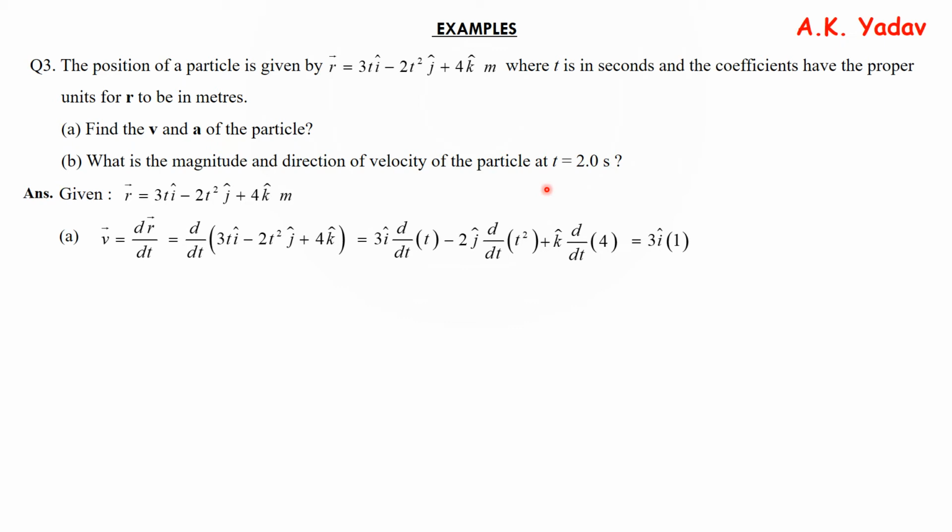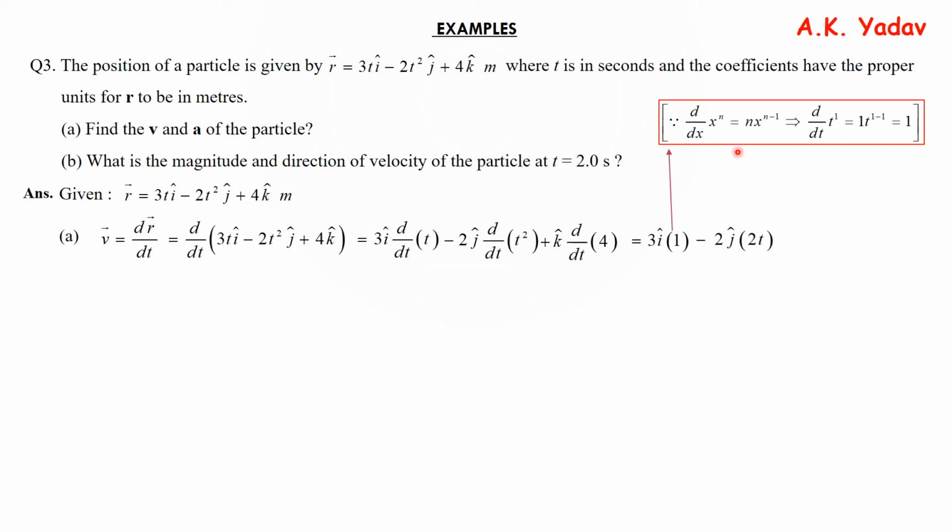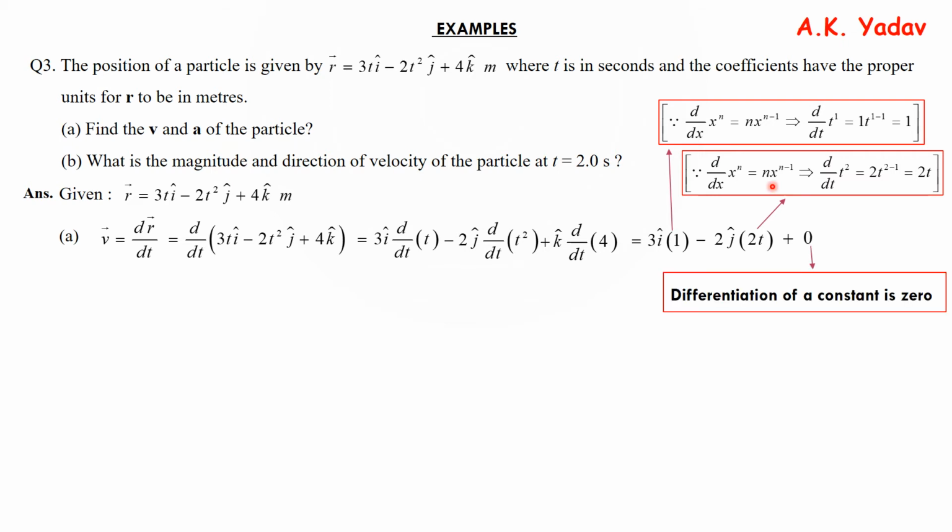Now d by dt of t is 1, because of the relation that we have done in differentiation. Now d by dt of t square is 2t, and d by dt of 4 is 0, because the differentiation of a constant is 0. So what we got is v equals 3i minus 4t j meter per second. Now we know a equal to dv by dt.